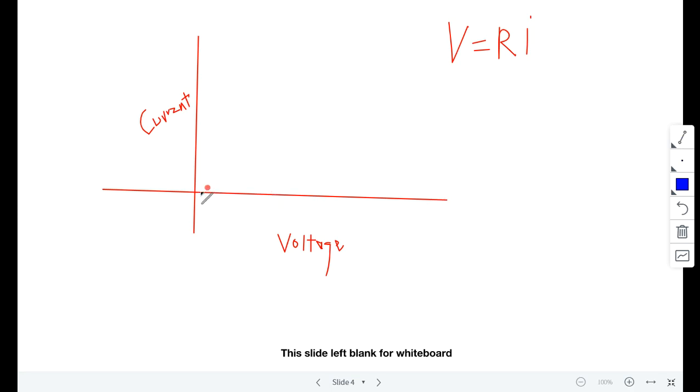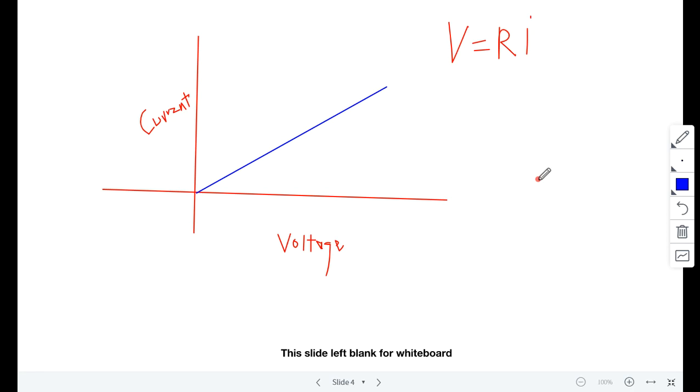So the graph is a straight line passing through the origin.